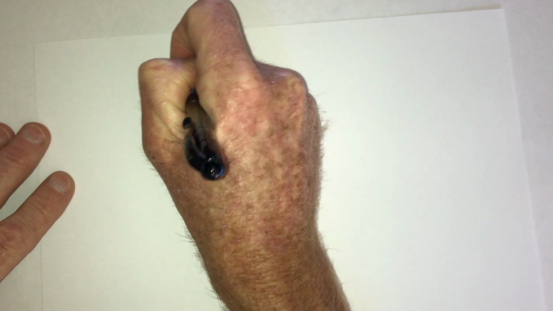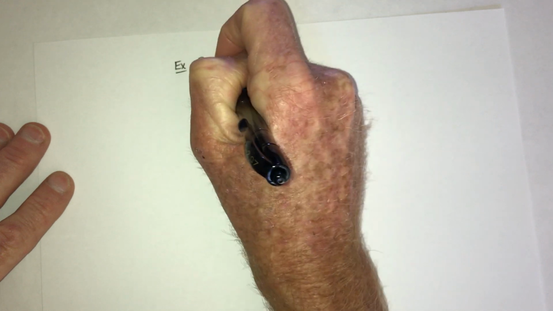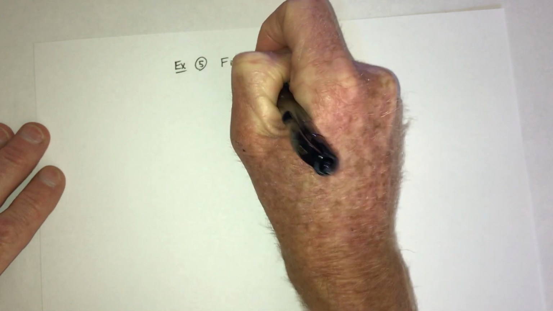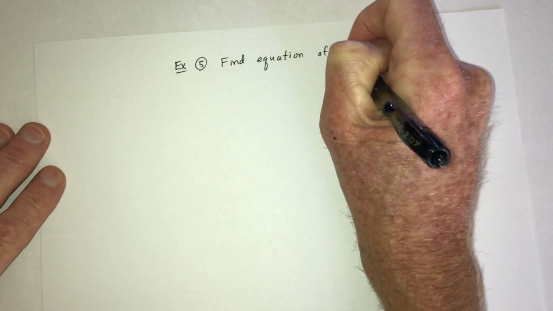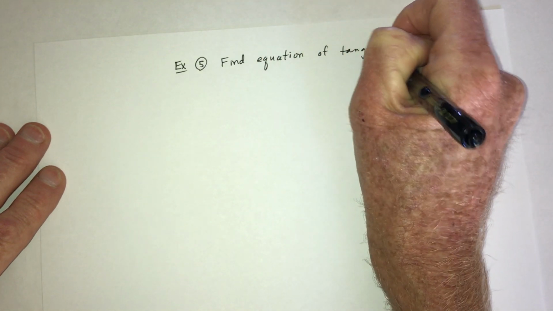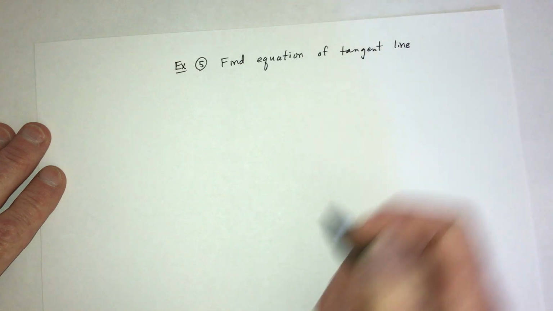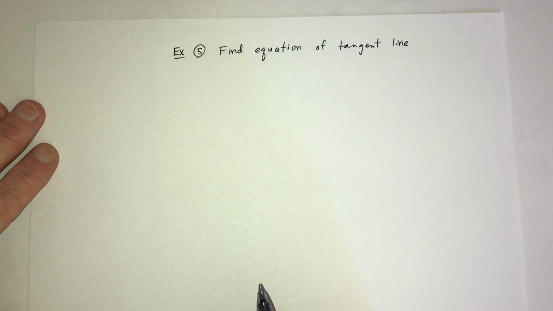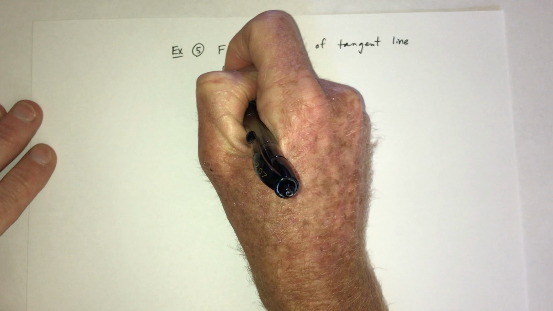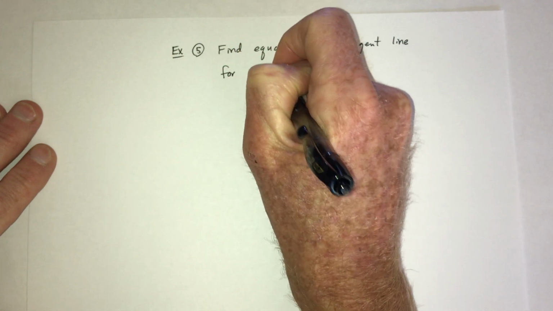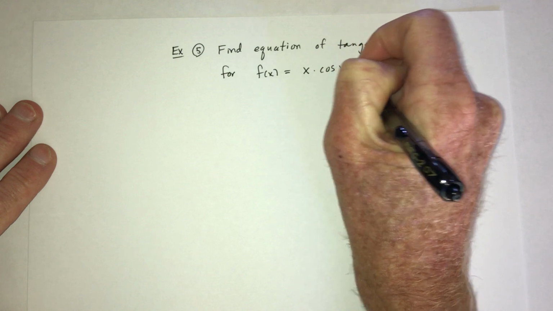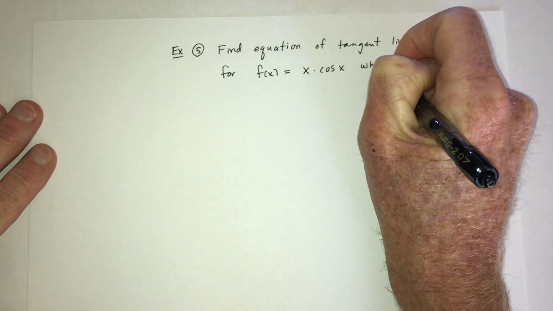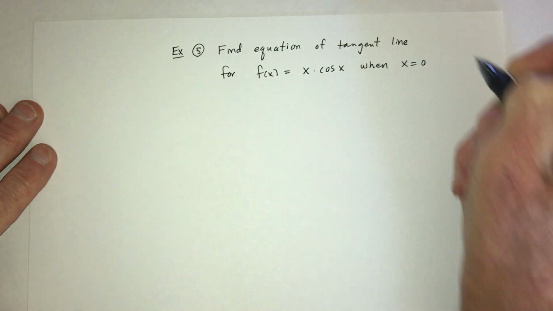Then, for example, number 5, find the equation of the tangent line for the function x times cosine of x when x is equal to 0.